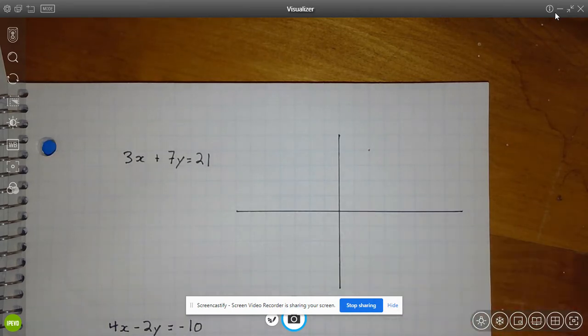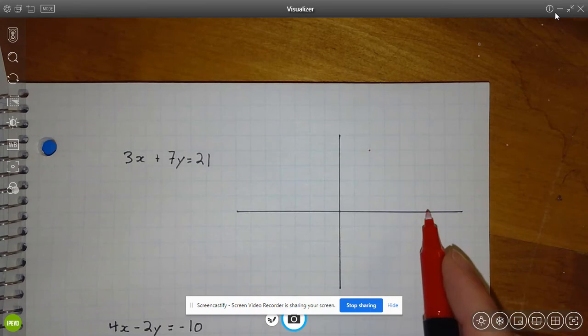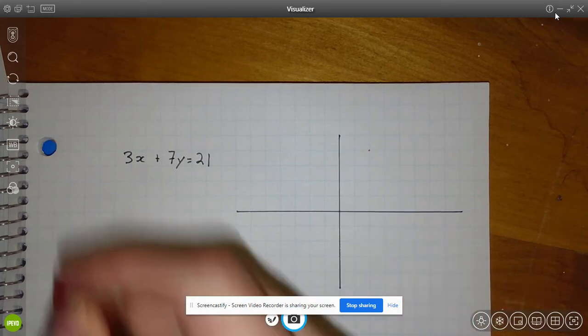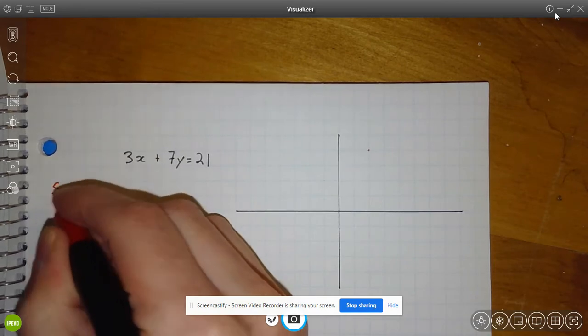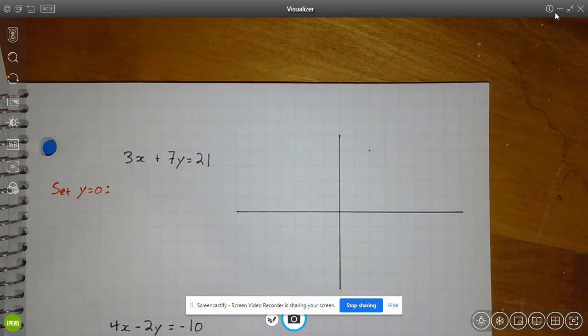We know that to find the x-intercept, the y value is going to be 0, because at any x-intercept, any point where the line crosses the x-axis, y must equal 0. The y-coordinate will be 0. So to find the x-intercept, all we have to do is set y equal to 0 and then solve.